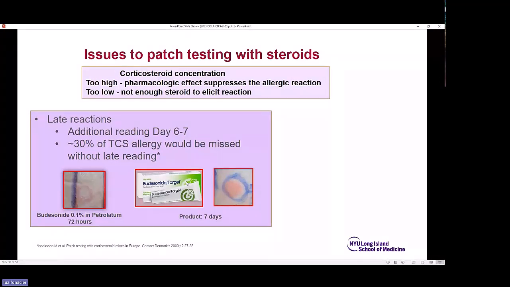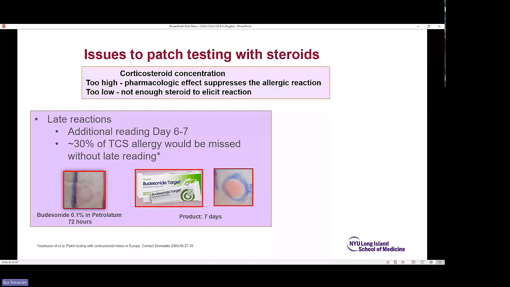not do a late read. On the right side, you can see that I tested for the actual product and it was positive on day 7. But on the left side, if you look at your budesonide 0.1%, what you're seeing here is a rim effect. In corticosteroids, a rim effect is a positive patch test.